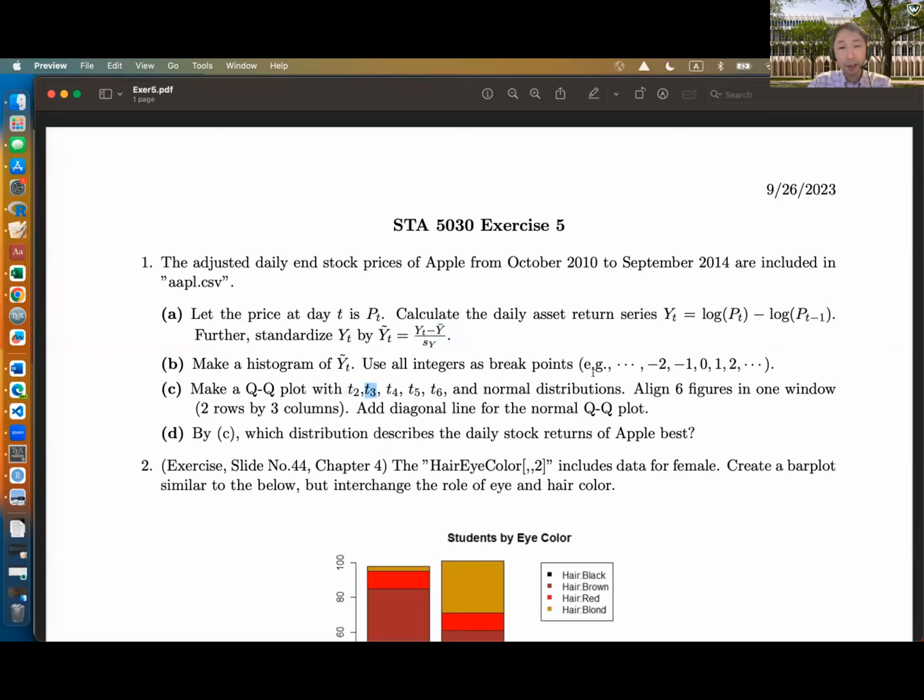You have to calculate the theoretical quantiles for these distributions, and the actual quantiles are this one, the YT tilde. So we compare the theoretical quantiles with the actual ones by using plots, and see all 6 plots and see which one follows the straight line the most.